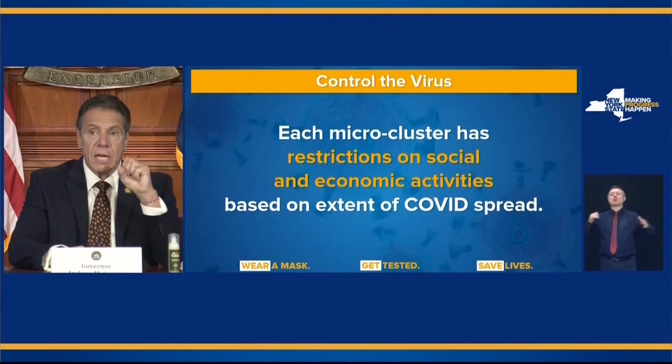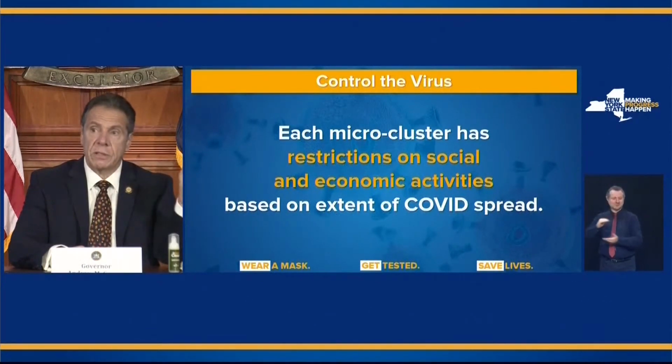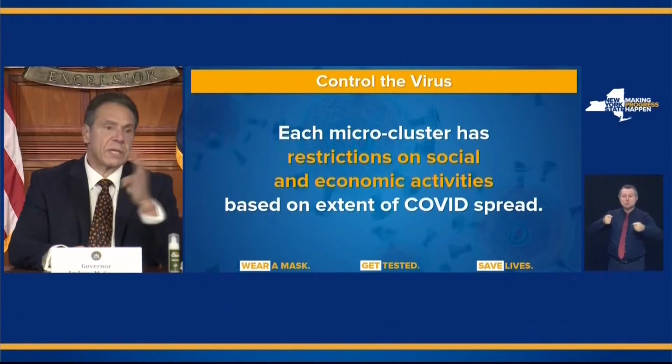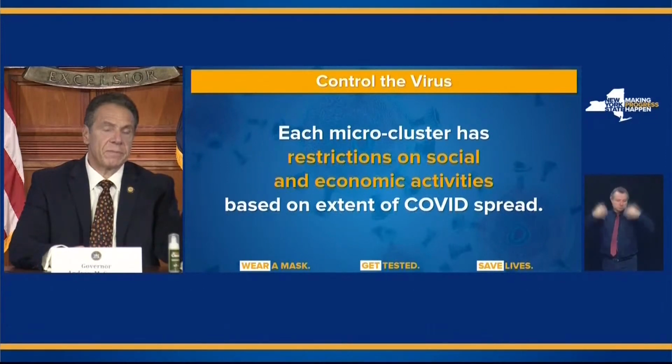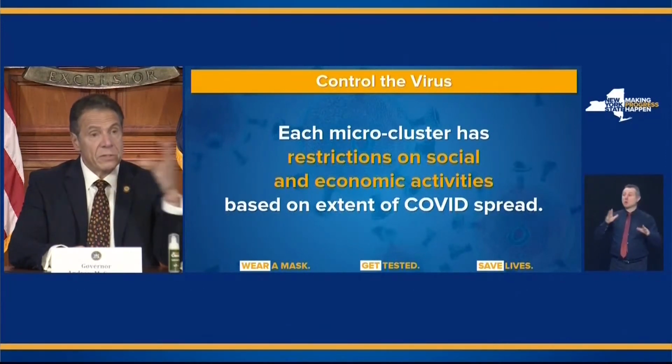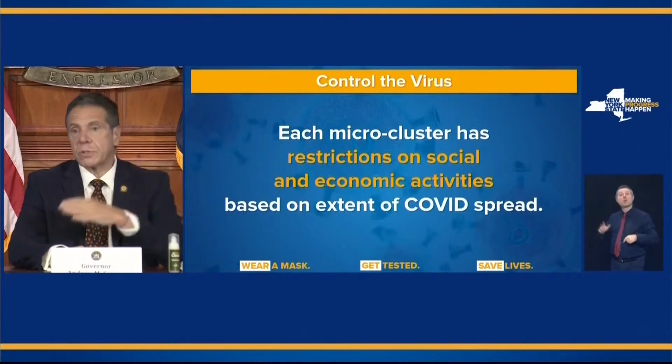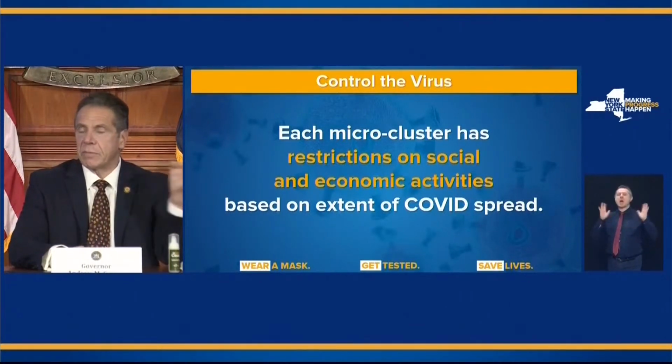Much better than what we were doing and what many states are doing, where they only have statewide data. So the only mitigation program is close the entire state, reduce activity in the entire state. We went from that to regions. There's a problem in a region, reduce the activity in the entire region.